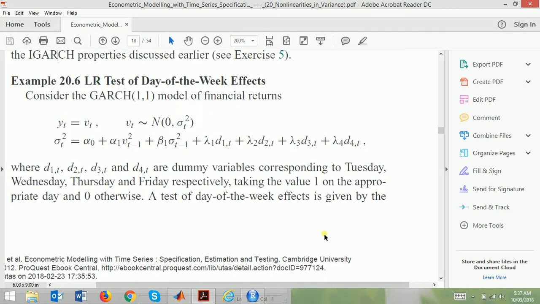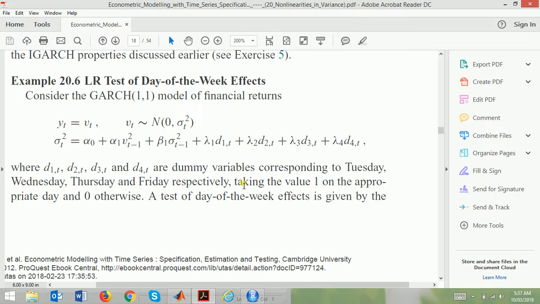So consider a GARCH 1-1 model of the financial returns where y equals v, as we know, and sigma square is our GARCH model. First is the ARCH specification, which is capturing the returns, alpha 1 v square minus 1. Then we have the parameter which is capturing the lag of the variance itself, beta 1 sigma square minus 1.